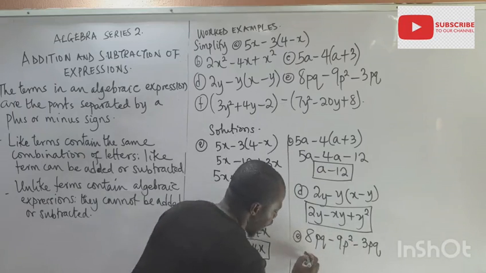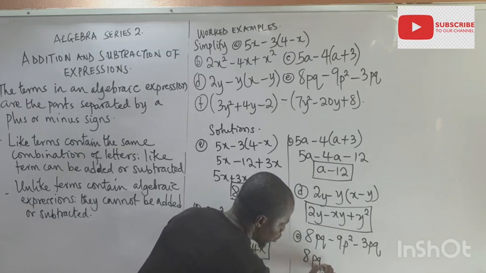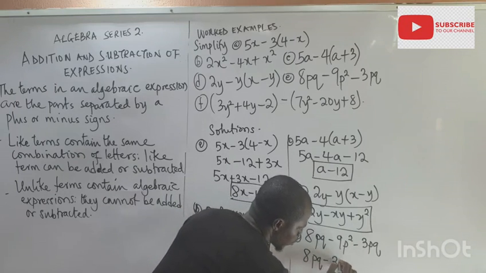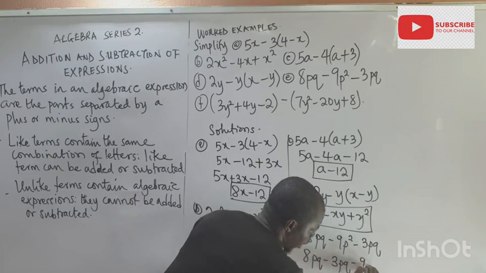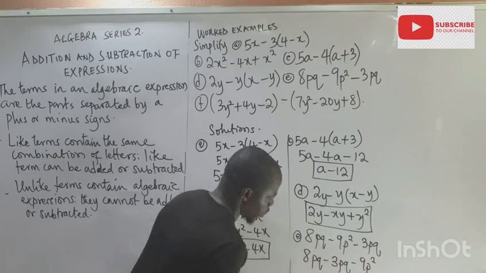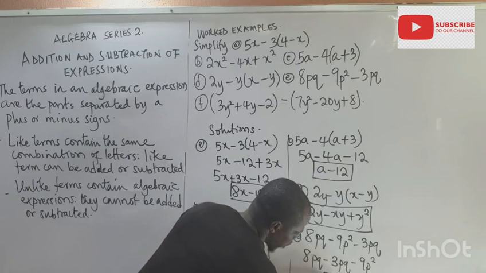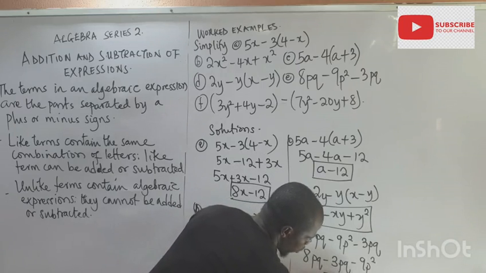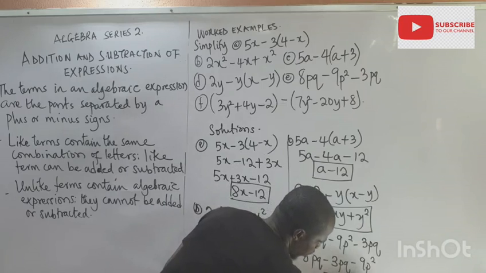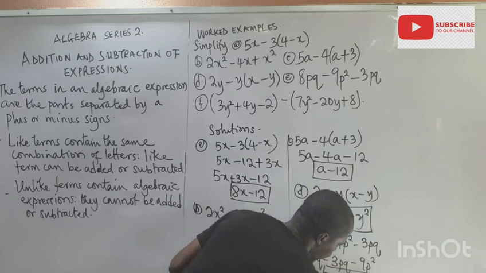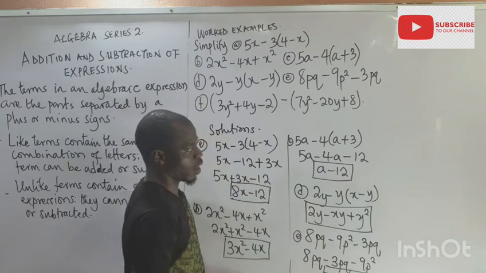So we are going to consider 8pq minus 3pq minus 9p squared. 8pq minus 3pq is 5pq minus 9p squared. So this is how we have this answer.